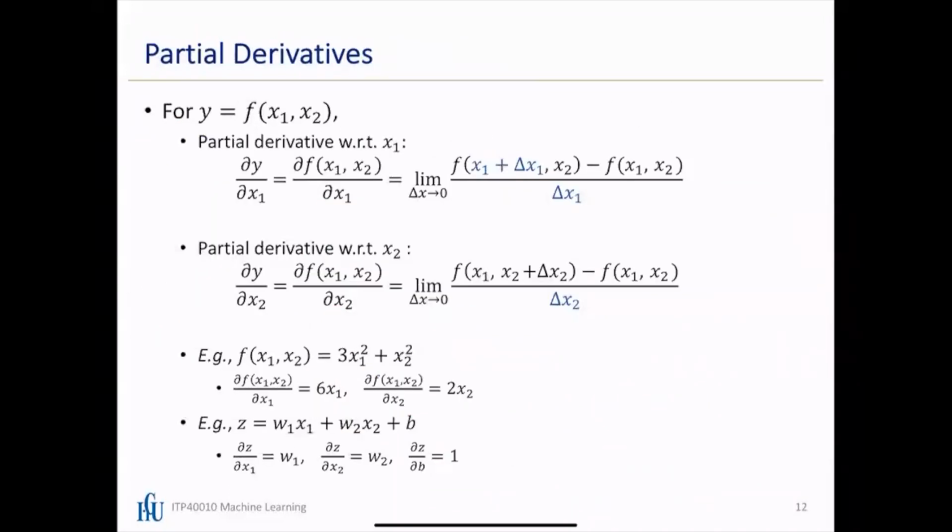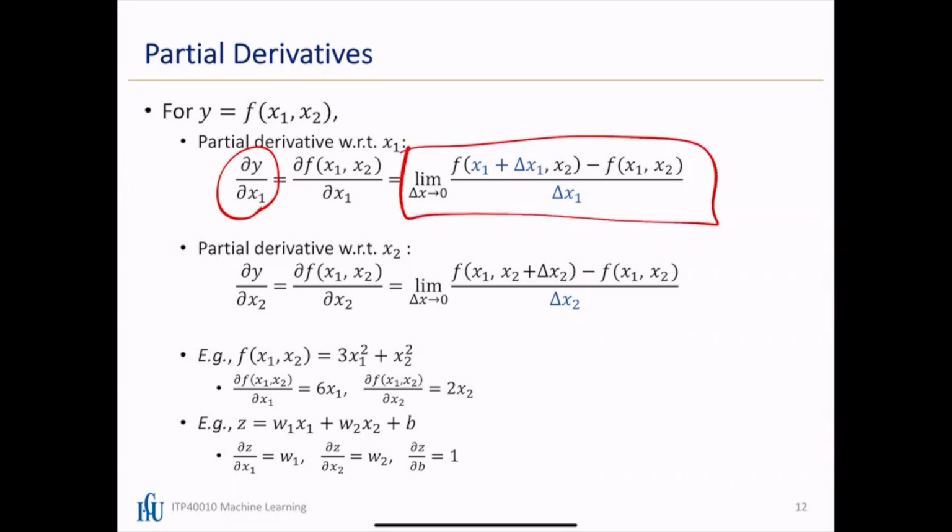And here are additional descriptions about partial derivative. These are basically what we have discussed. So changes in the output, changes in one of the inputs, and they can be expanded more formally in this way. So this is a change in the function with respect to one of the variables, and taking the difference between the changed and the original function value.